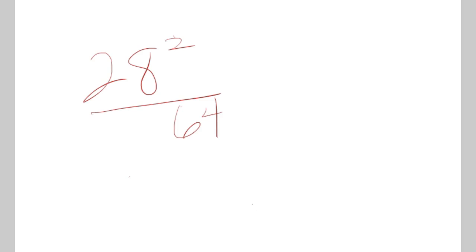And then the next way we get the next value is to go 2 times 8 times 2, and this is going to be 16, so this is going to be 32.